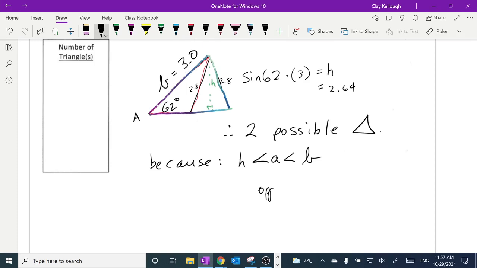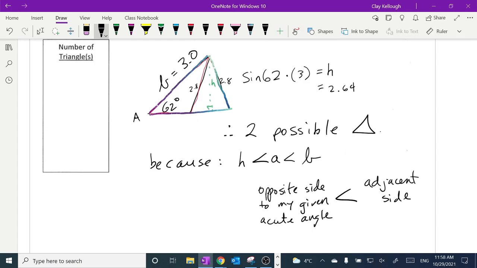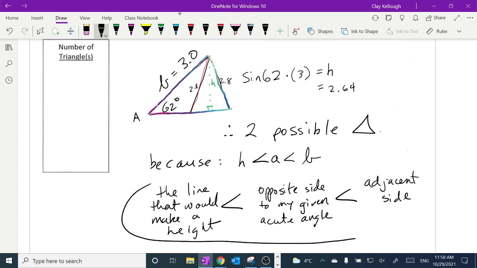The opposite side to my given acute angle is less than the adjacent side, but it's bigger than the line that would make a height. And that's how you know you have two solutions.